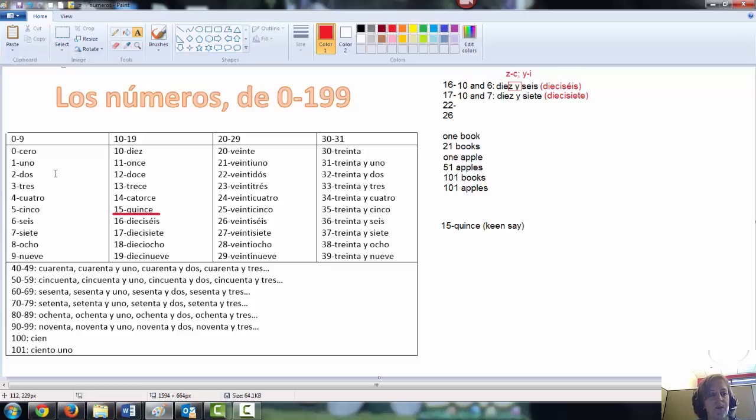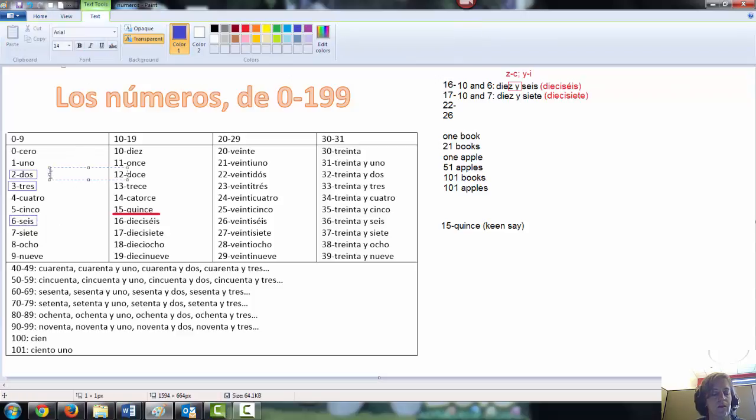There are 3 numbers in your first set of numbers that you learn, 1 through 15, that are one-syllable words. You have dos, tres, and seis. These are all one syllable, okay?